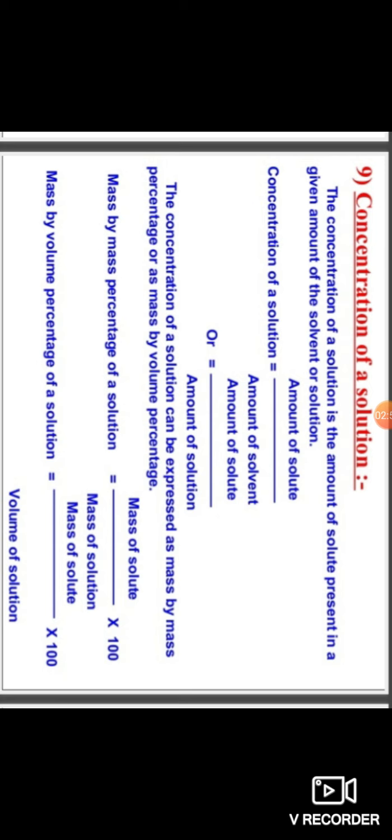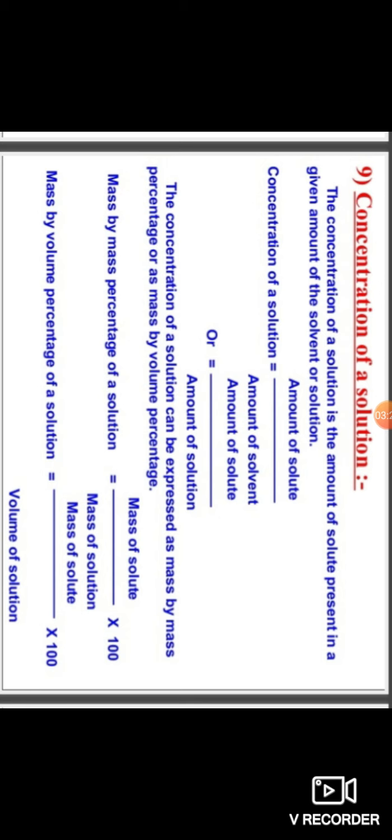The concentration of the solution is the amount of solute present in a given amount of the solvent or solution. Concentration of solution is equal to amount of solute by amount of solvent, or concentration of solution is equal to amount of solute by amount of solution.